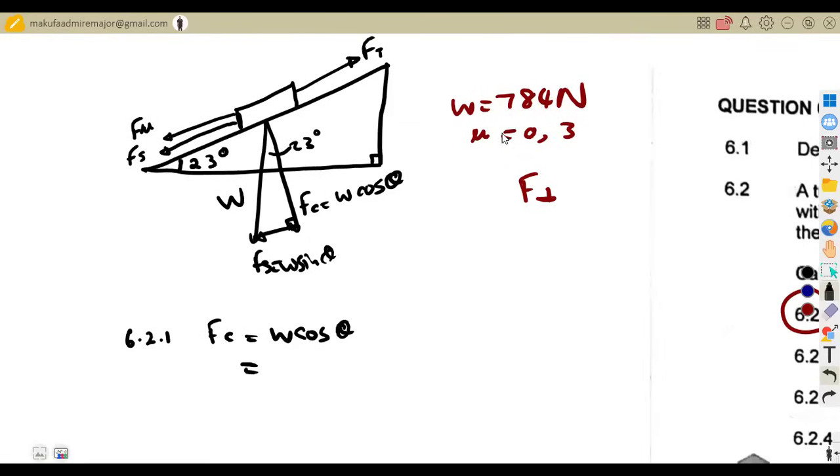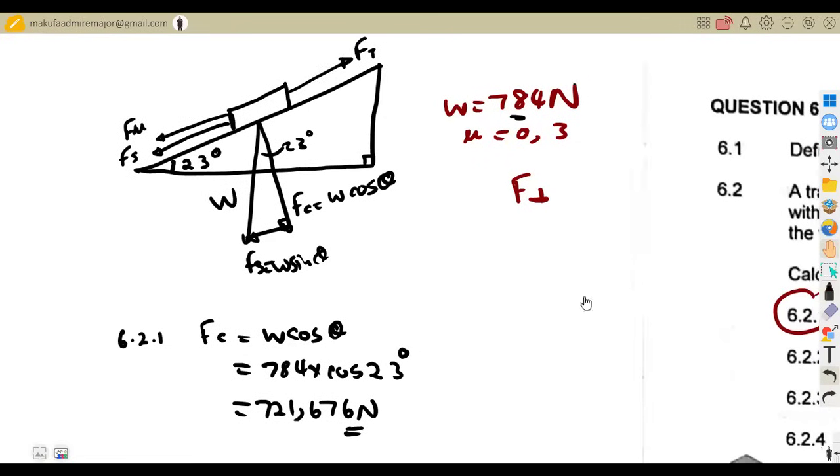We have W as it is. There's no need to use mg because we are already given the weight. 784 times the cosine of 23 degrees gives us 721.675, which is about 722 Newton.